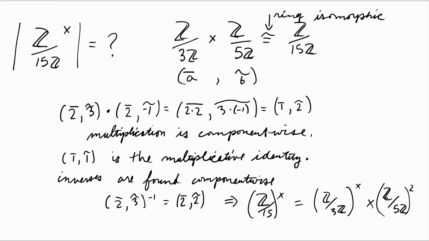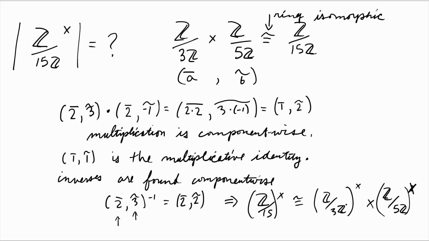So notice because of this component-wise stuff, inverses are actually found component-wise. So if you find the inverse of each component and put them together, that means the multiplication structure itself takes on the form, and really this should be an isomorphism, of z mod 3z cross, and the set product of that and z mod 5z cross.